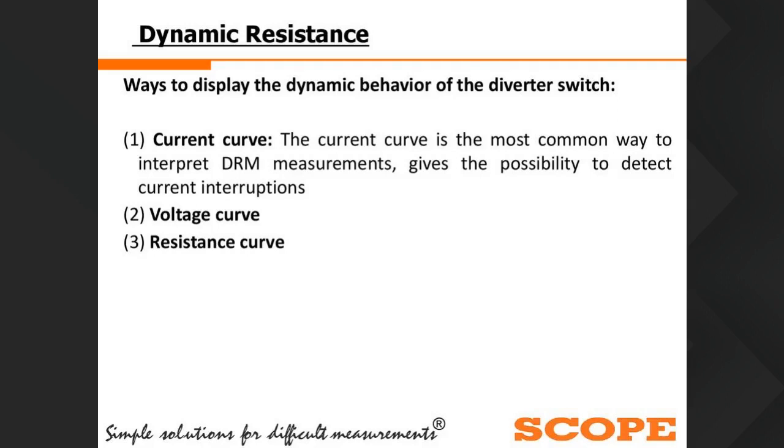There are three methods to analyze the various OLTCs and diverter switches. The first is the current versus time curve, the second is the voltage versus time curve, and the third is the resistance versus time curve. Out of these, the current versus time curve is a very common and efficient method to measure the healthiness of the OLTC through dynamic resistance measurement.